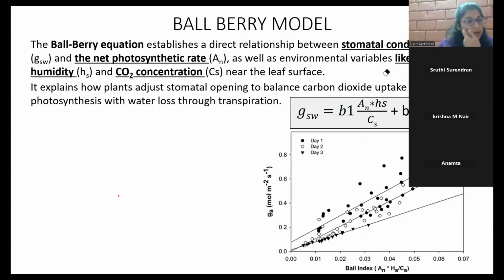So this is how we are arriving at this line, and what these data points are is what we look into in more detail.